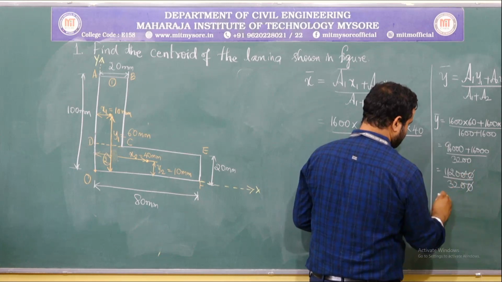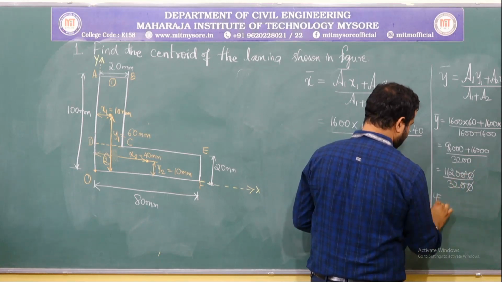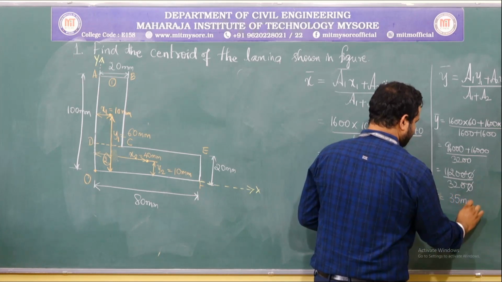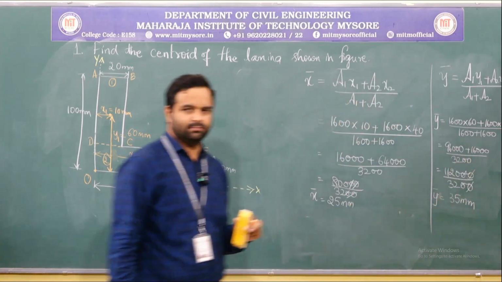So cancelling and calculating the value of y bar, we obtain y bar equals 35 mm.